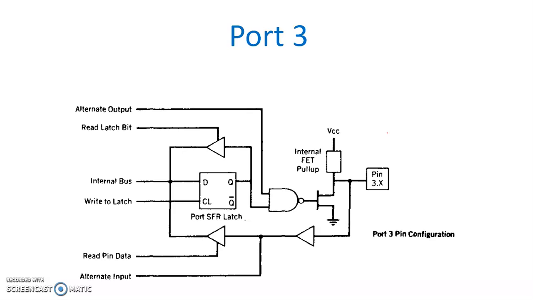But the specialty of port 3 is that it generates special signals like interrupt, serial data, and read and write signals. You could find here that no control logic has been set up. The alternate output alone is connected to the NAND gate to generate the other signals.